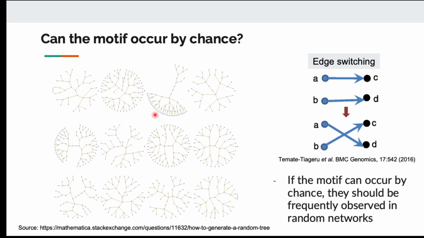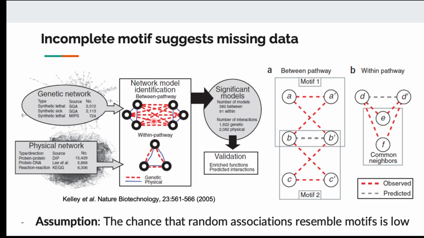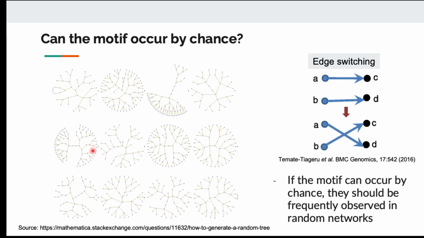And then we can ask, do we see the same motif? Do we see this pattern? One group of proteins being connected with protein interaction, and then they are connected with genetic interaction. Do we see this if we shuffle the data, if we permute, if we randomize our biological network?